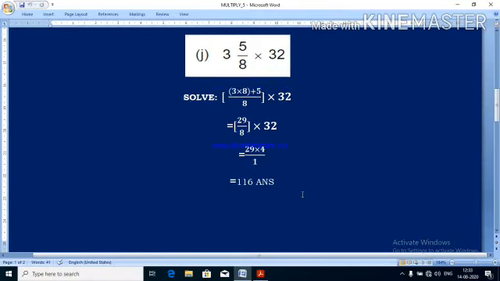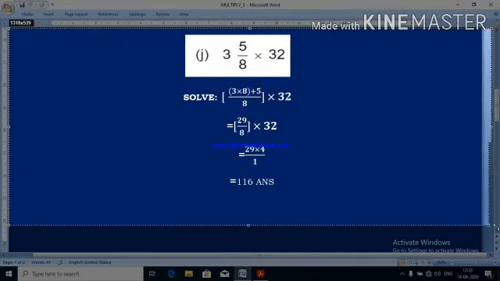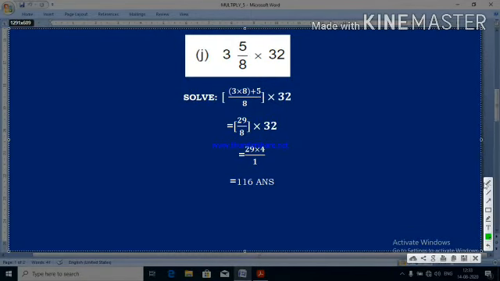Next question is a mixed fraction and a whole number. The same thing you have to do. In this question, first of all change this into a fraction. 3 into 8 plus 5, that is 3 8s are 24 plus 5, 29 by 8 into 32.